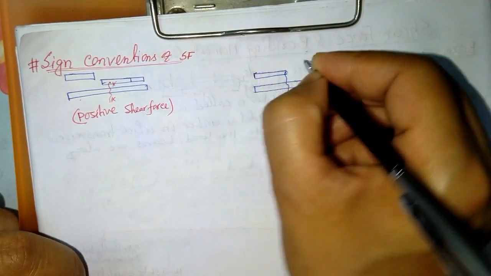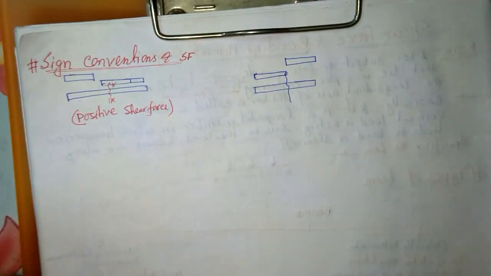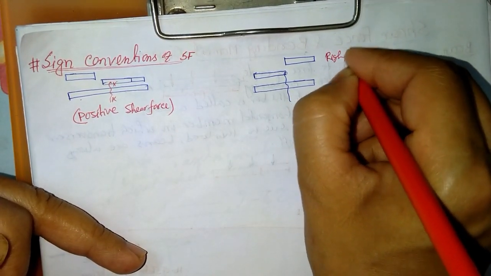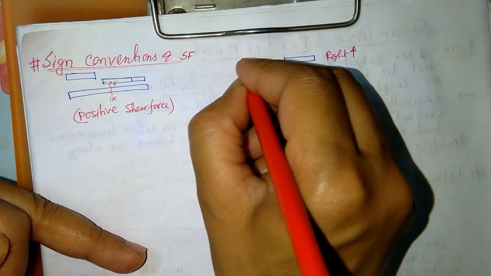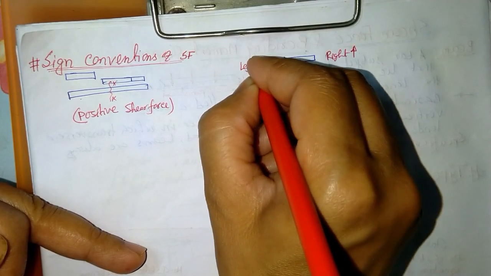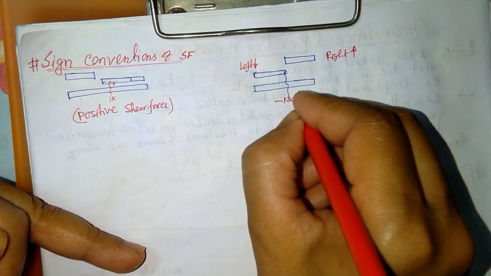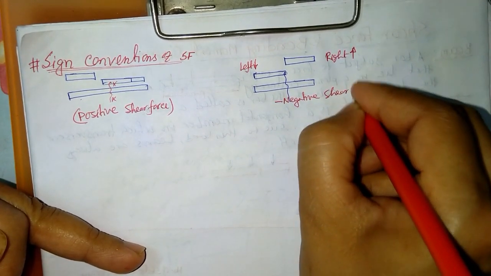So if it happens that right is up and left is down, then it is negative shear force.